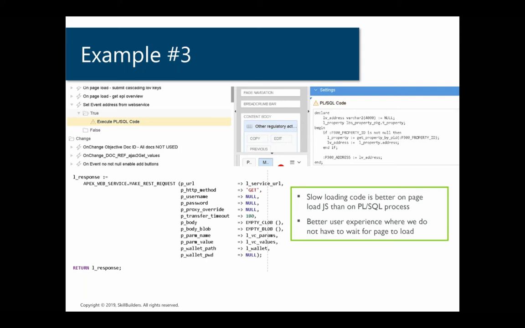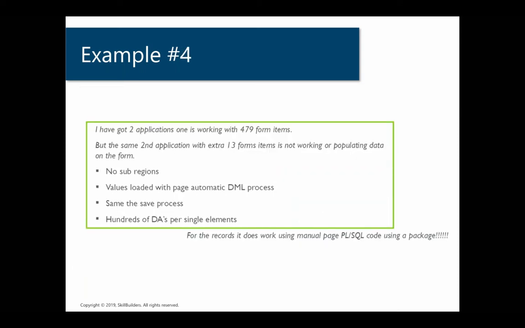Another one along these lines, hopefully you won't see this one, was a customer that came to me saying that he has 470-something elements on a page, all in a single region, with heaps of dynamic actions on individual items without classes or anything. So there was no way for me to group it. And just for the record, we made it work in the end, but we had to use PL/SQL code.